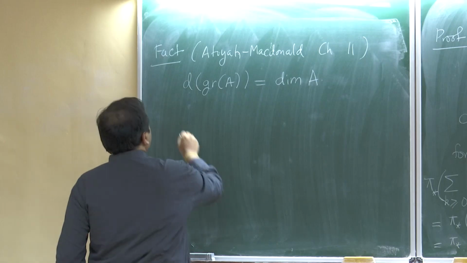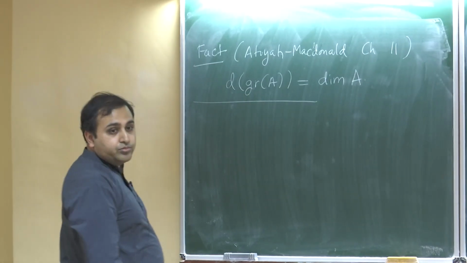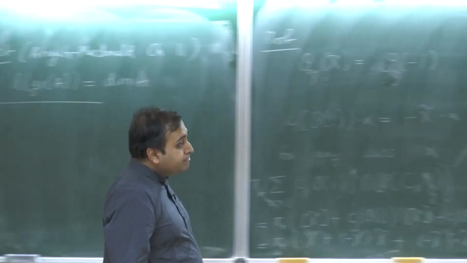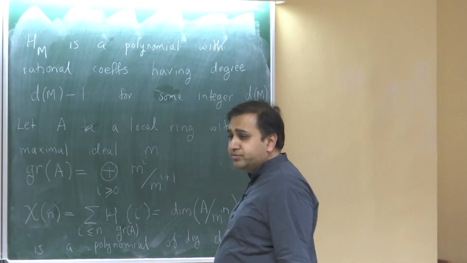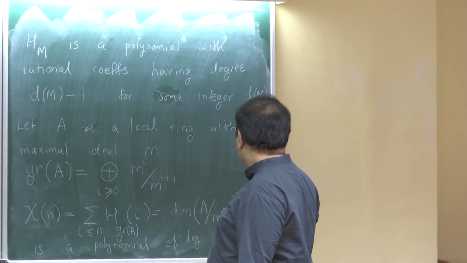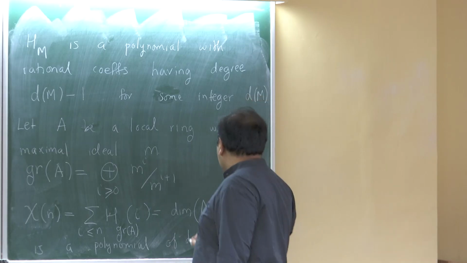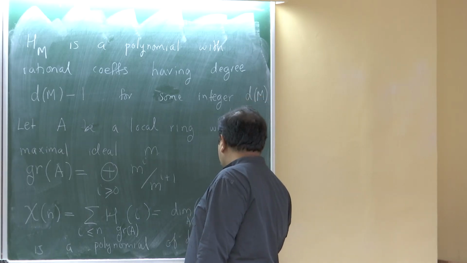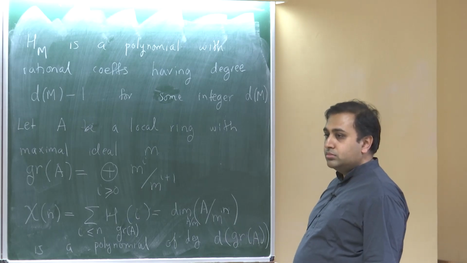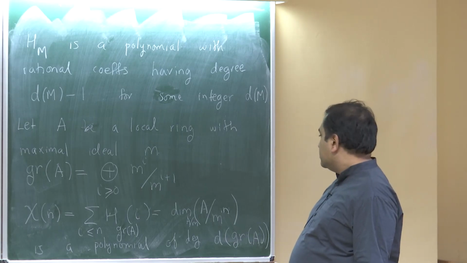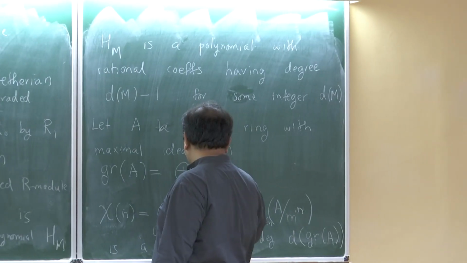this is equal to the dimension of A. Okay, so what does this have to do with the dimension of A over A mod M? Sorry, yeah, no, what am I saying?